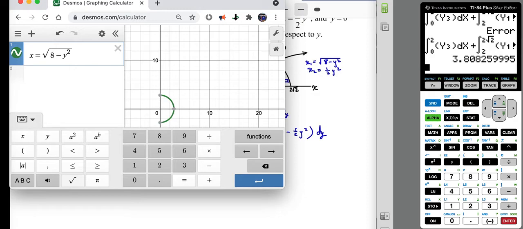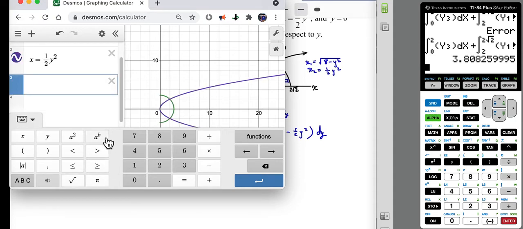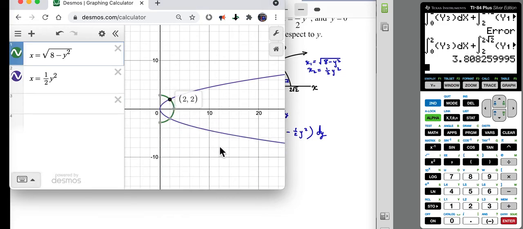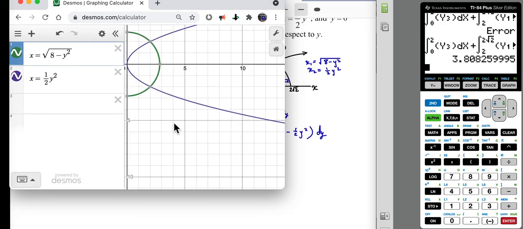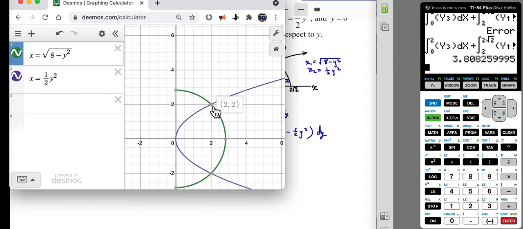Then we add x is equal to 1/2 y squared. Alright, so we're good to go there. We don't need the bottom half. We could restrict it, but first things first. We needed to get that intersection, which is 2, 2.